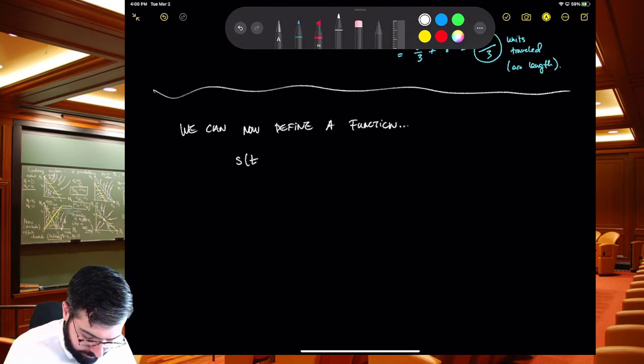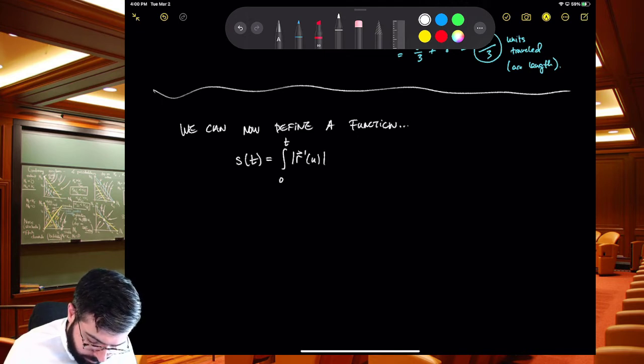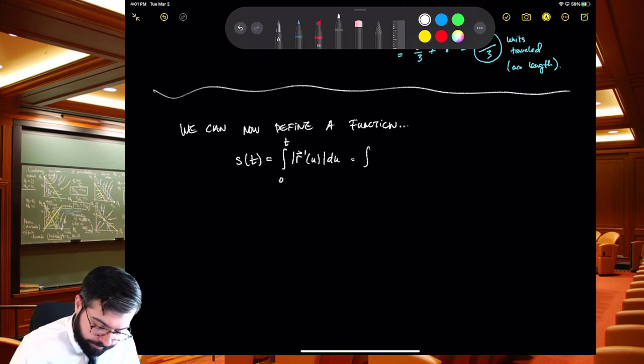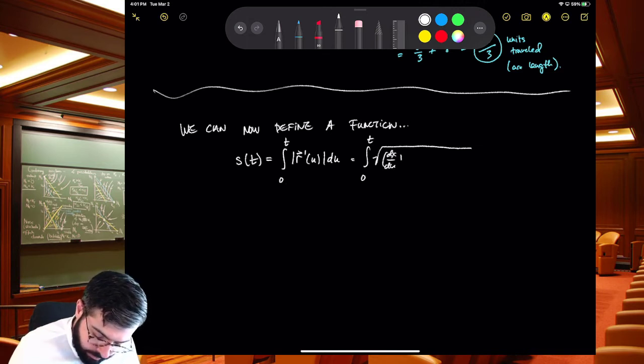We use this little s of t as the integral from 0 to t. And I'm going to use a dummy variable here, r prime of u du, right? Because this doesn't really matter. We're really going from 0 to t, summing up those bits of length, which again, if we translate it to our other formula, it's dx du squared plus dy du squared plus dz du squared, all du.